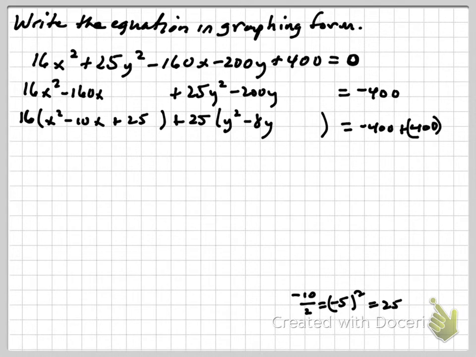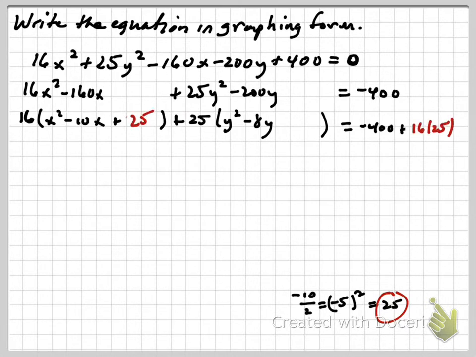It's 400. So you probably won't believe me if I just wrote 400, so I'm going to put it this way. Let me get a different color. Should have used a different color to begin with. This 25, when I put it right here, is actually 16 times 25.